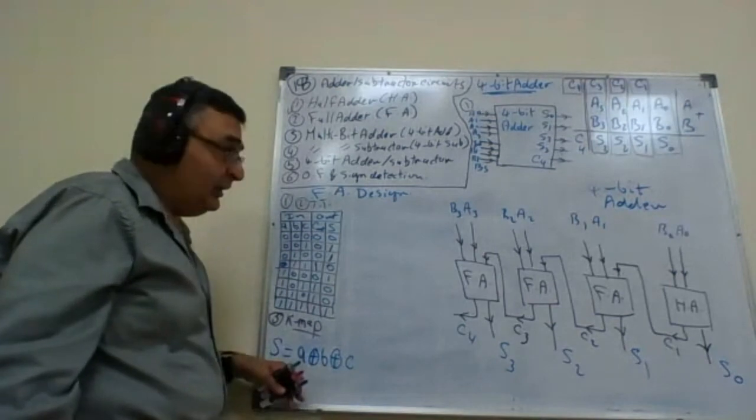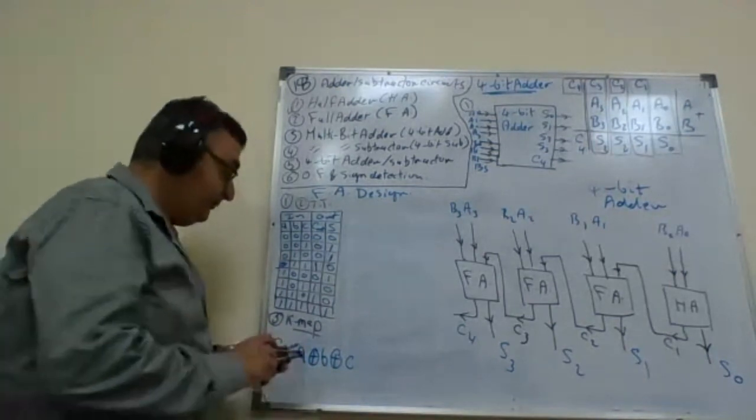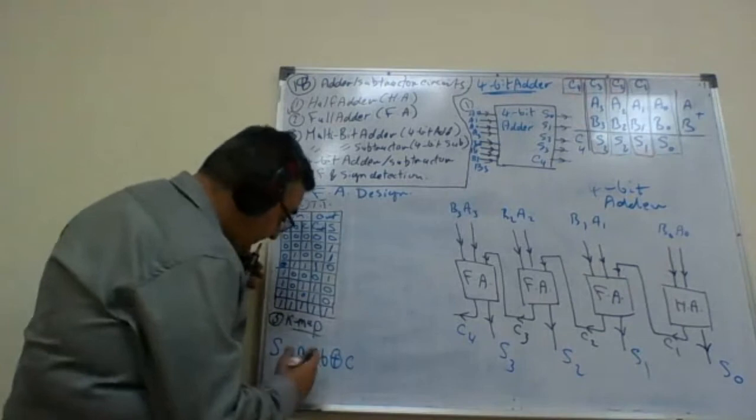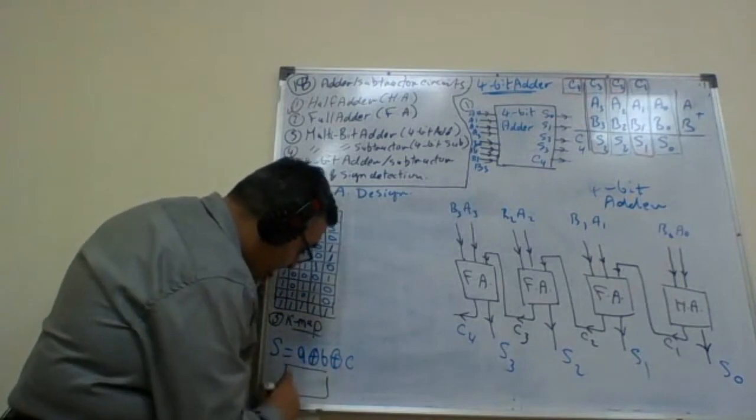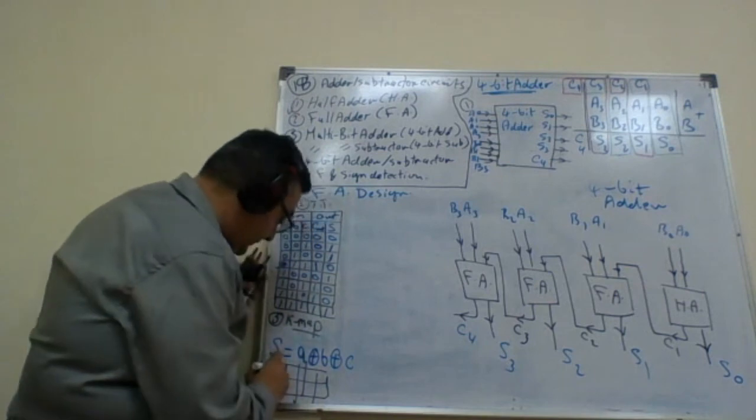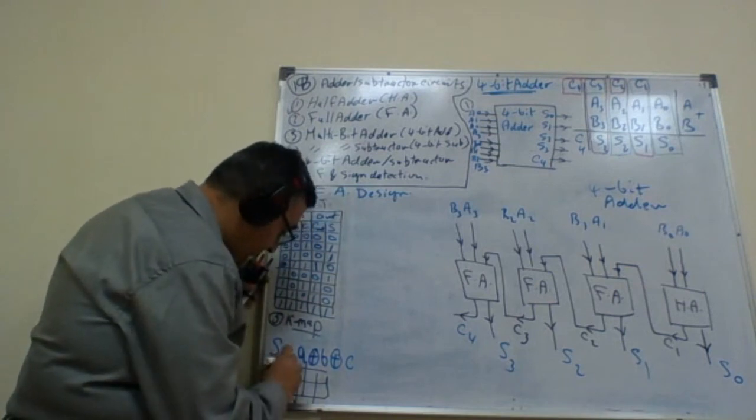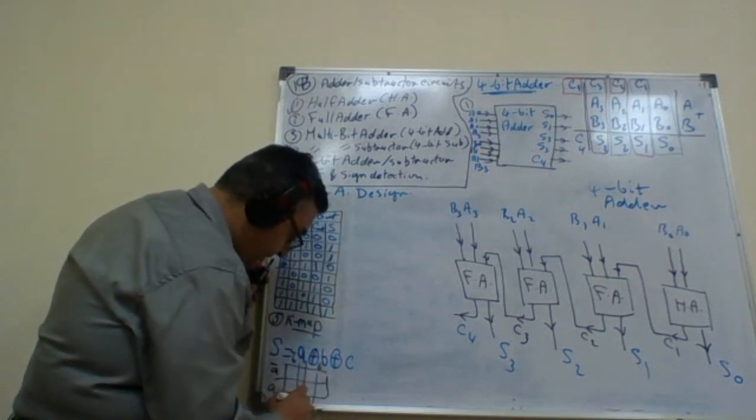If you don't believe me, let's go and build the K-map for S. You will find that the columns are A bar A, B bar B, and C, C bar, C bar.